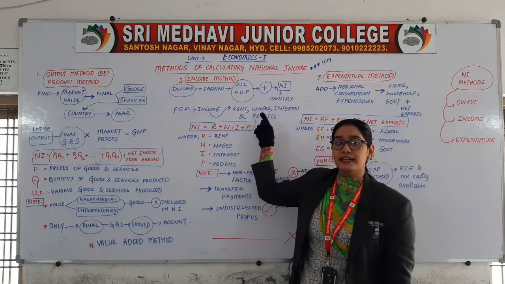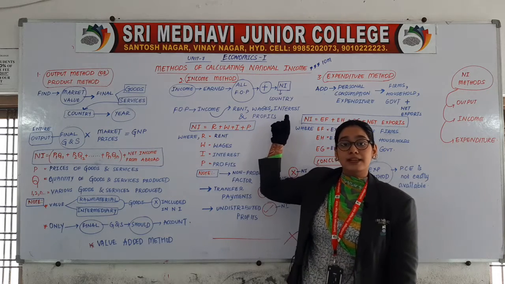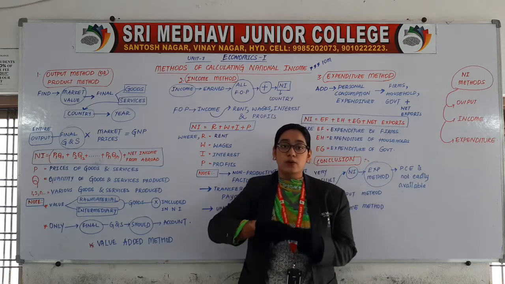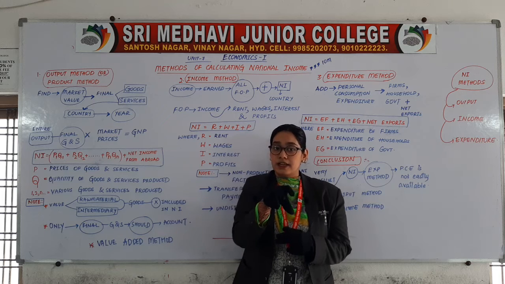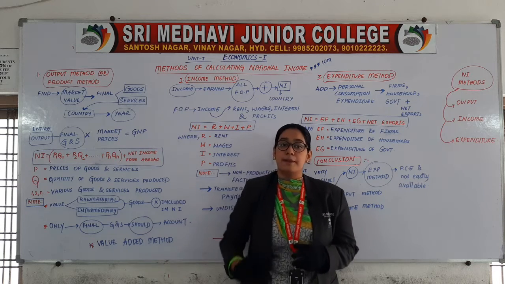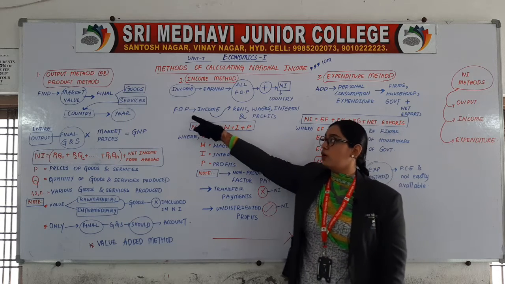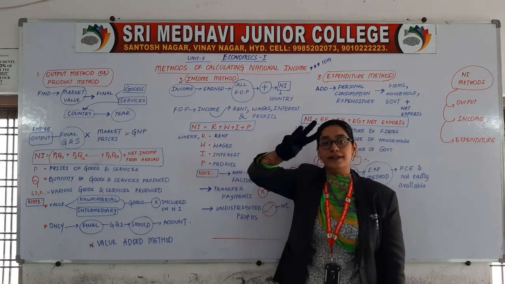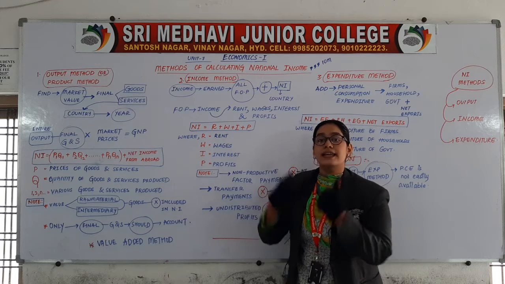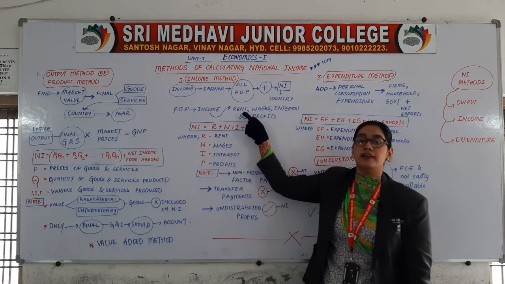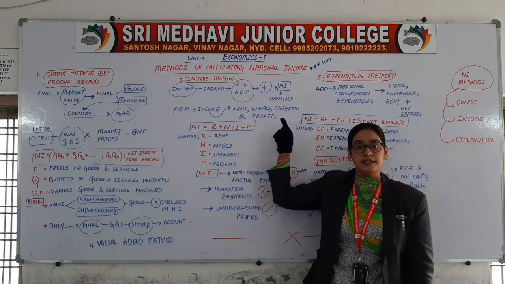Okay, labor will get wages. Capital will get interest. Whenever you take any loan, you will pay interest on that. Okay, so you are paying interest to capital, and organizations will be getting profits. So all the factors of production, land, labor, capital, organization, will get income in the form of rent, wages, interest, profits.